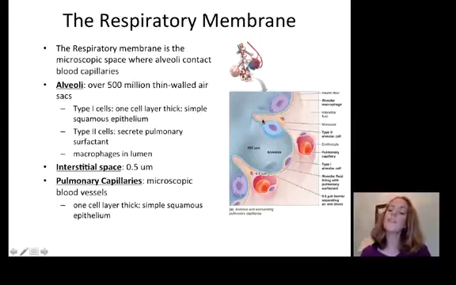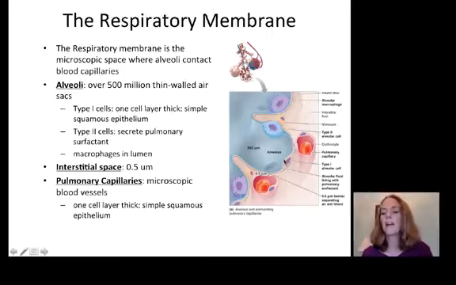A couple of other cells ensure that the air sacs have the appropriate surface tension and that they stay clean. We have alveolar macrophages, which will go around and phagocytose any debris that is in the lungs. We have type 2 alveolar cells that secrete something called pulmonary surfactant.